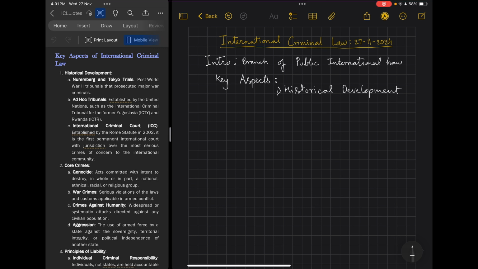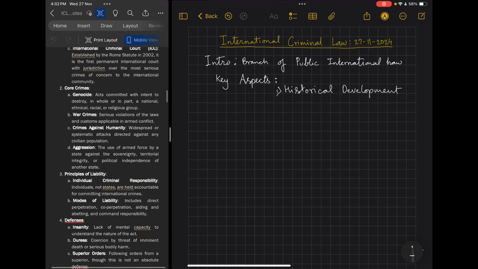Then International Criminal Court, ICC, established by the Rome Statute in 2002. It is the first permanent international court with jurisdiction over the most serious crimes of concern to the international community. So these are the 3 subtopics which come under historical development.